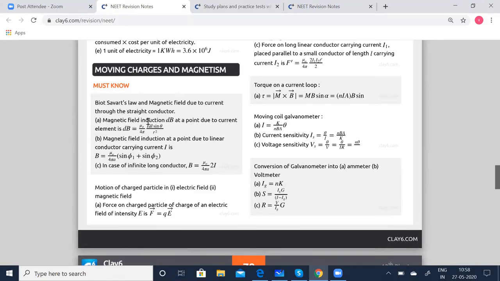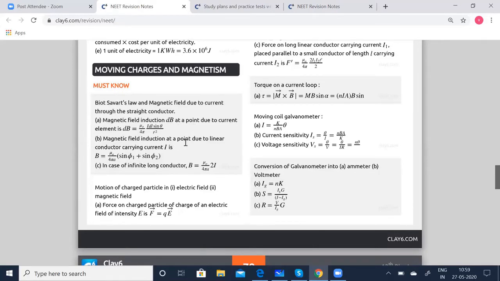According to this law, the magnetic field induction dB at a point due to a current element is dB equal to mu 0 by 4 pi, which is a constant, into I dl sine theta by r squared, where I stands for current, dl is the length of the small element, sine theta involves the angle made with the field, and r is the distance from the point, that is, where the charge is going to be placed.